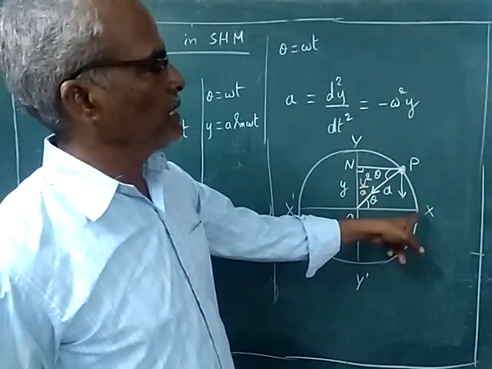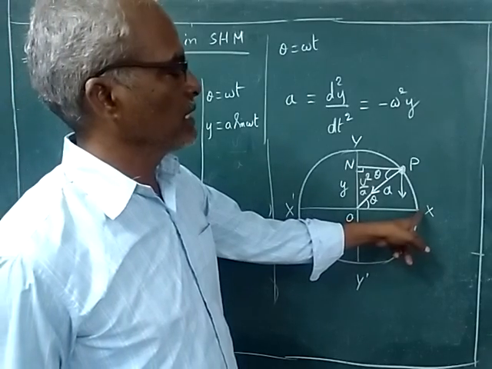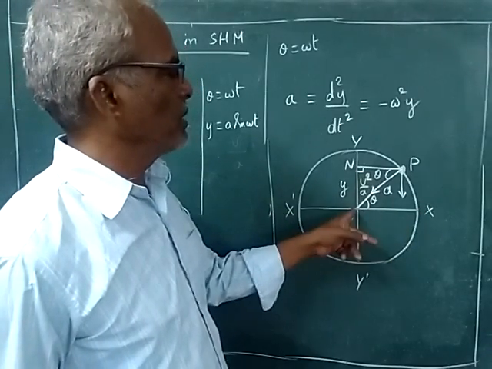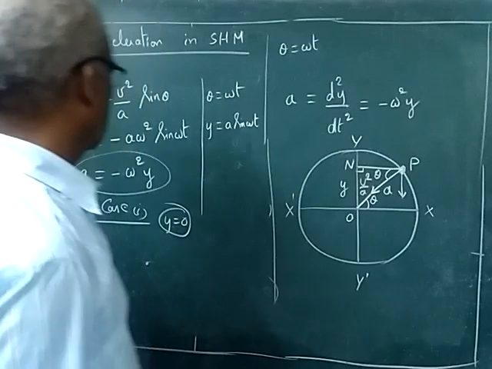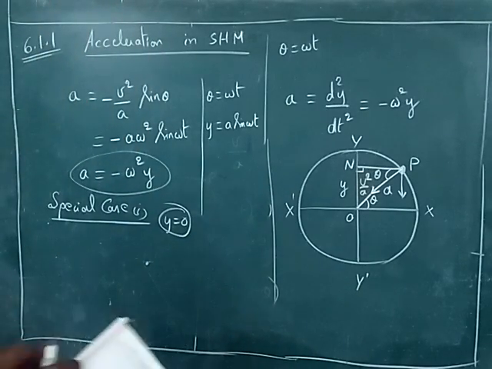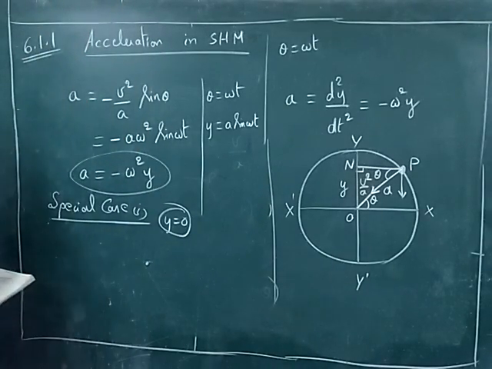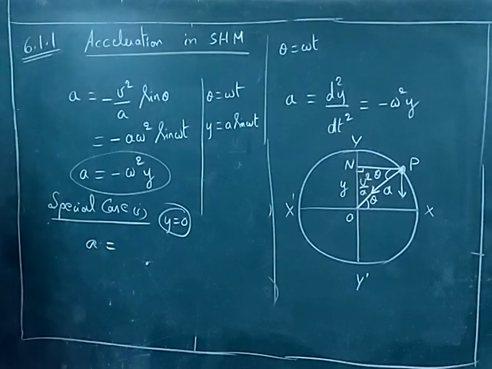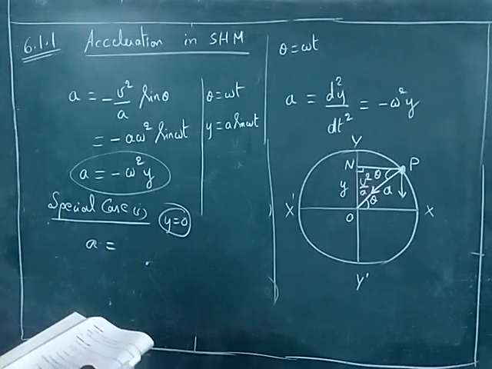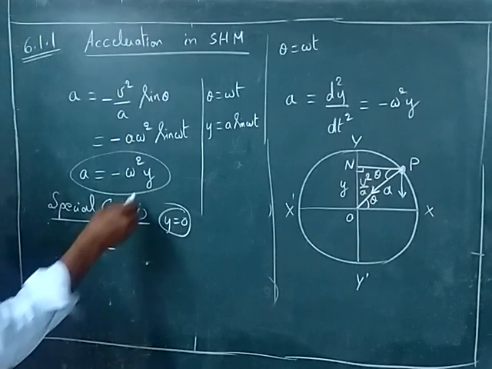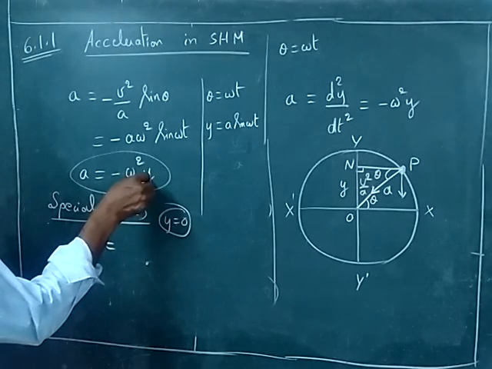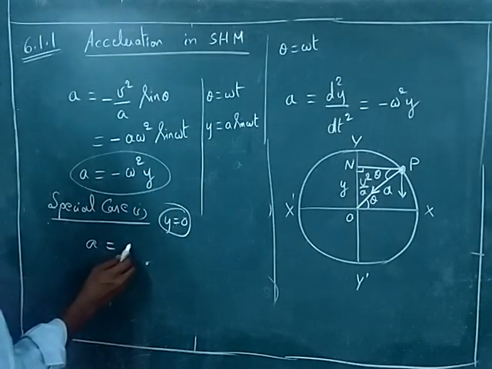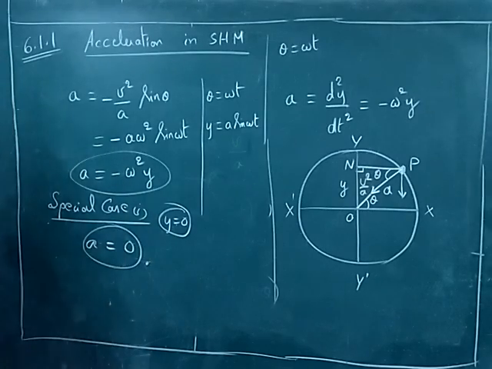Suppose the particle P is at this origin, then there is no displacement, so y value is 0. So what will happen to the acceleration? Since y value is 0, you substitute in the equation, acceleration is also 0. This is case 1.